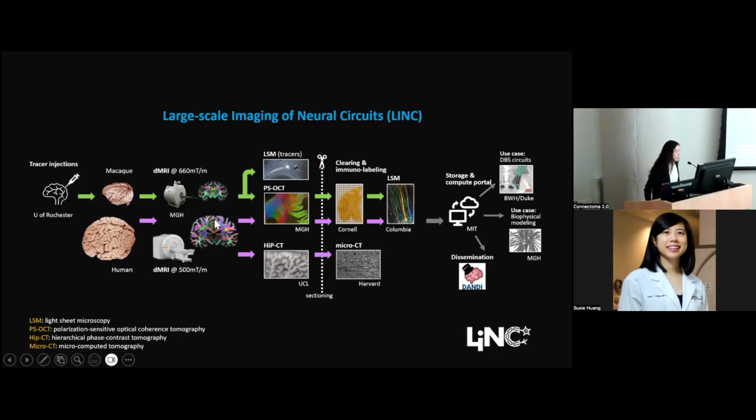The overall goal of the project is to develop and cross-validate imaging techniques for imaging the axonal projections in the human brain, and use these techniques to develop a system of the fiber pathways in order to improve the targeting for deep brain stimulation. And this rich data resource, we hope, will also inform biophysical modeling with diffusion MRI, which is the only non-invasive method that can be applied in vivo.